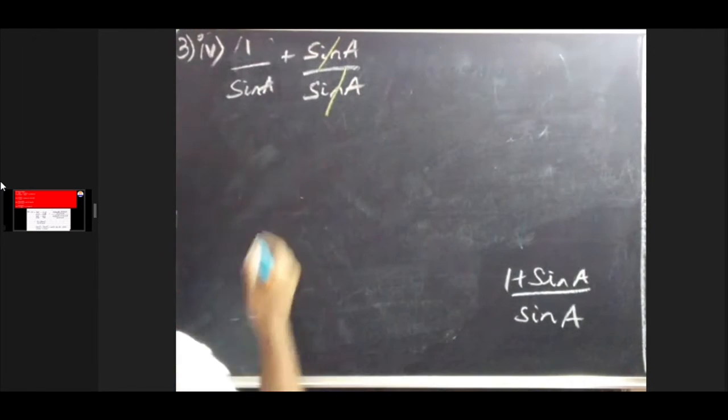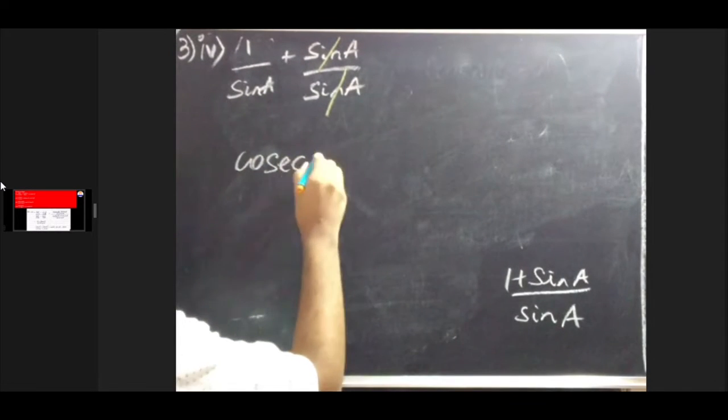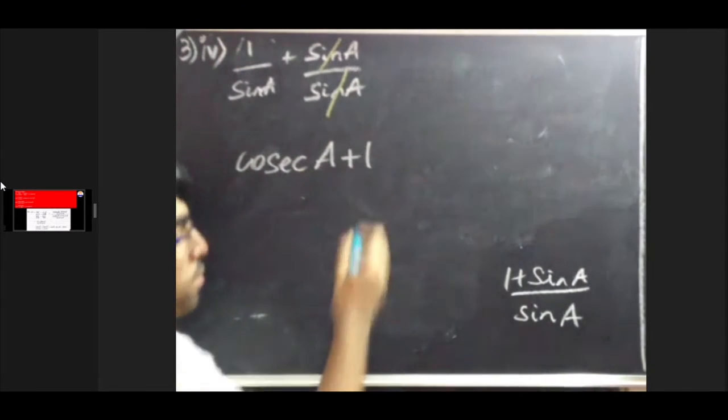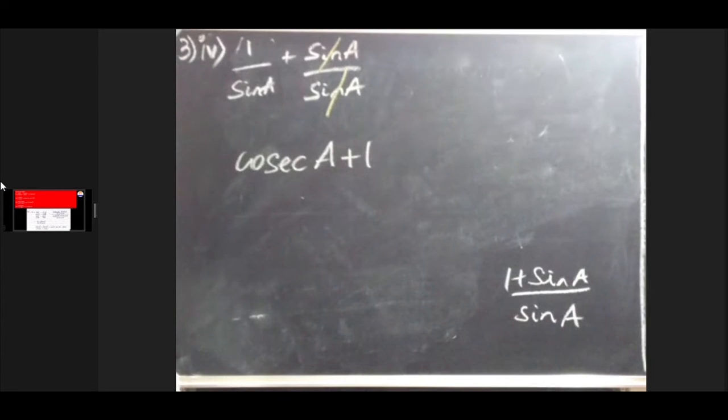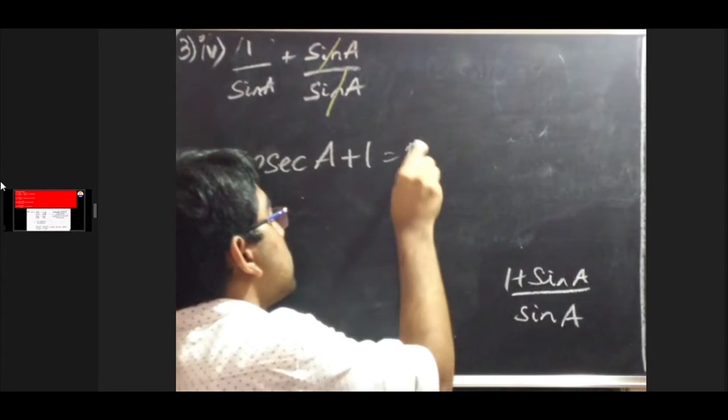So 1 by sin A is cosecant A plus 1, which is expected in our RHS.